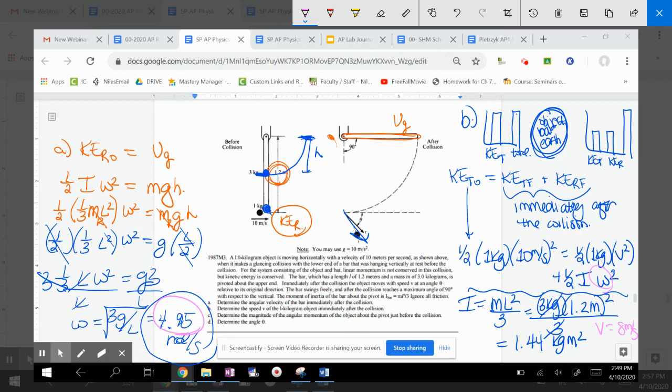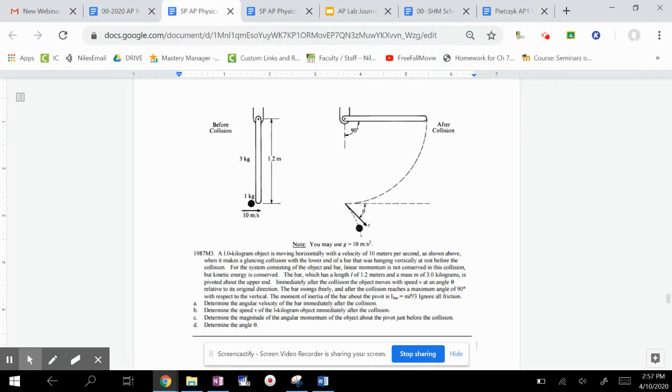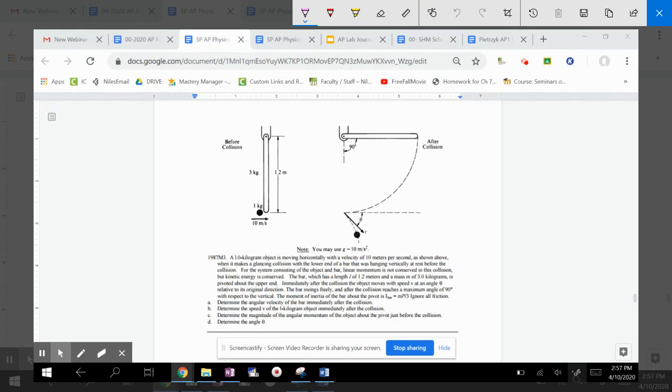Okay, so for C, it says determine the magnitude of angular momentum of the object about the pivot just before the collision. So I'm looking for angular momentum about the pivot just before the collision of the 1 kilogram object. Angular momentum equations can include mvr or I omega.